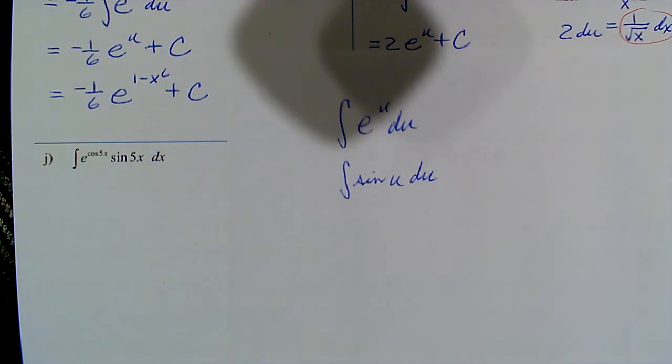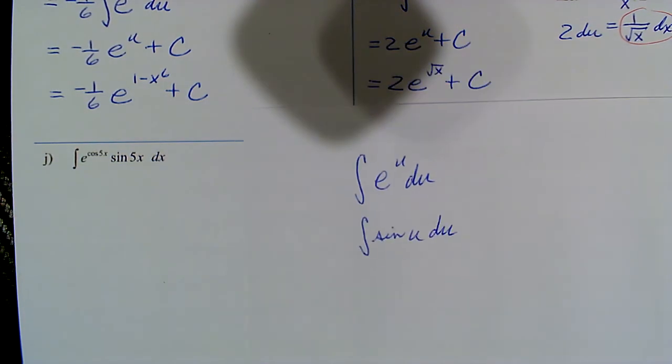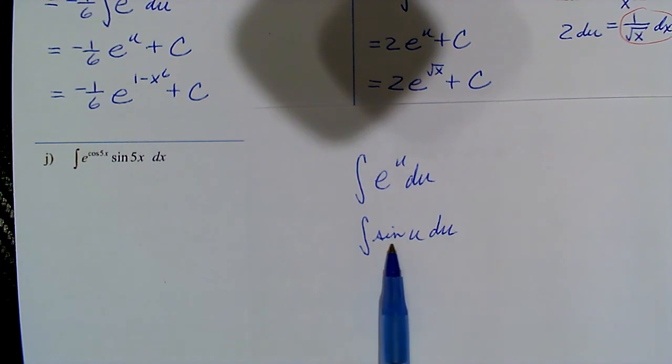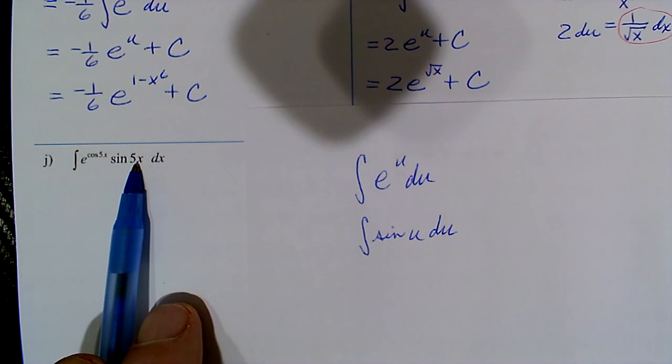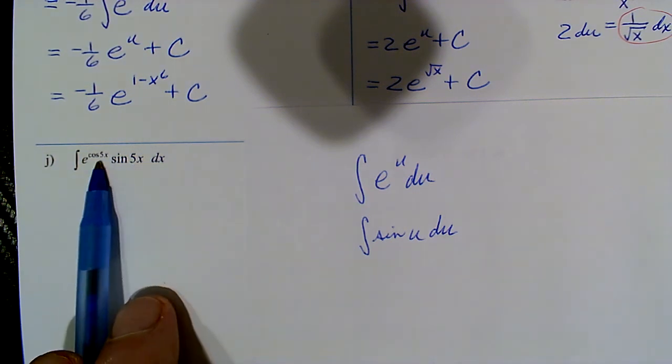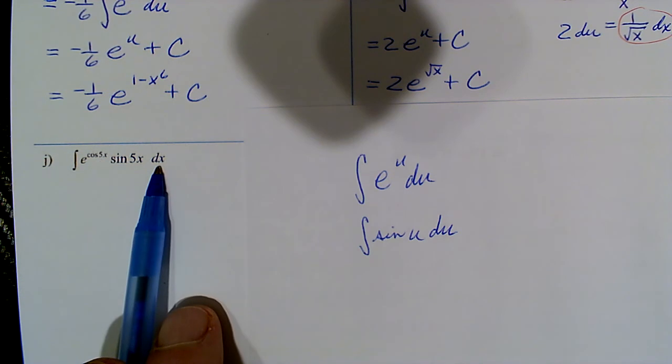It's usually pretty easy to discern which one we're going to need to use, because you just have to think a little bit and run through the scenario. If we were to choose to go for sine of u, that would mean our u would have to be 5x. Now we know our du needs to be satisfied, and good luck generating all the rest of this to represent the du.